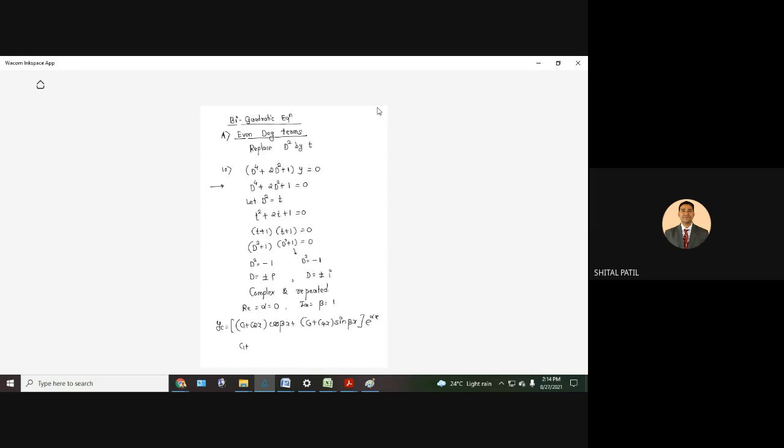So C1 plus C2x cos of x, C3 plus C4x. And remember to write the brackets. Whenever required, in mathematics you have to write the brackets. You cannot forget them. E raised to 0 is 1, so the exponential term is not written. Okay. Next.